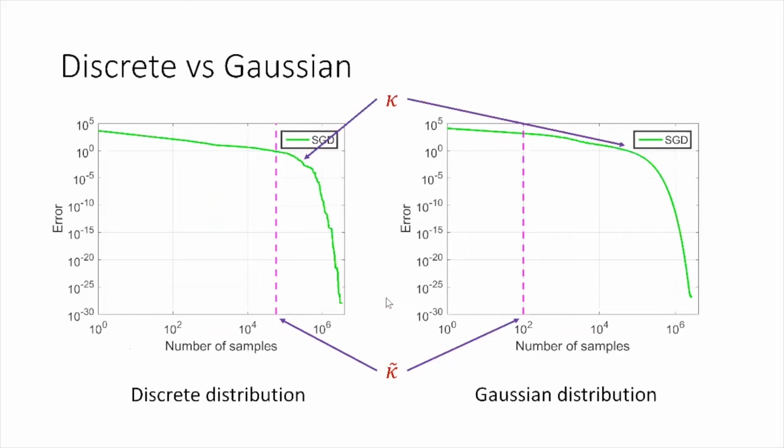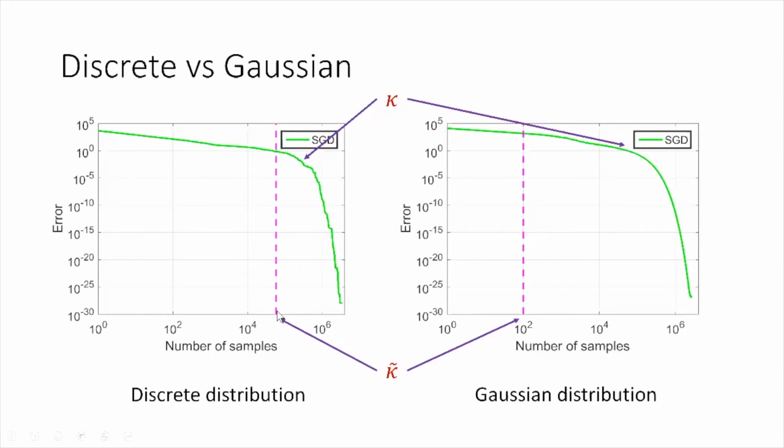And just to give an illustration of how SGD behaves in these two different settings. The left plot is the behavior of SGD for the discrete distribution, and the right one is for the Gaussian distribution. The green curve plots the error versus the number of iterations. The pink dotted line indicates the statistical condition number on the x-axis in both plots.